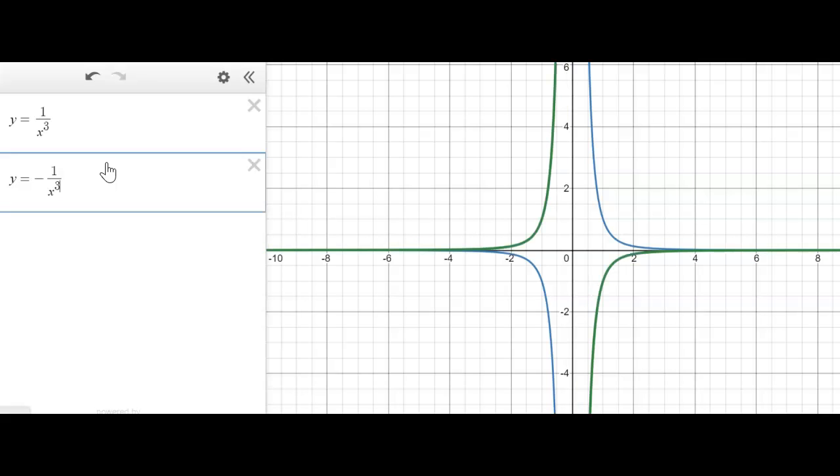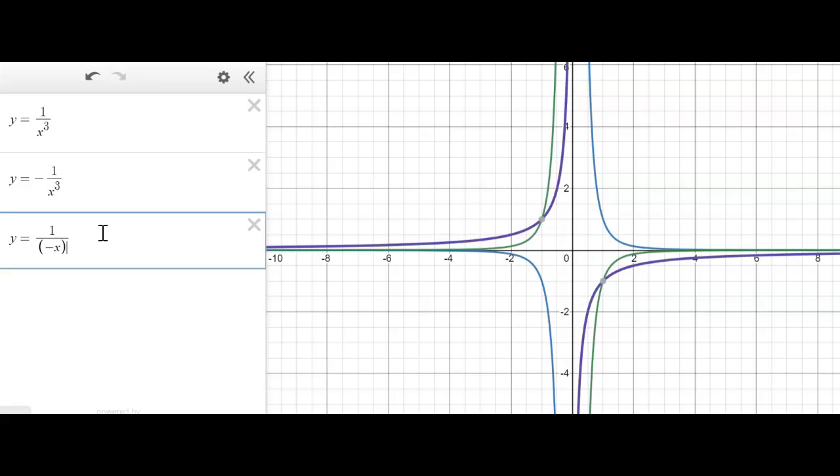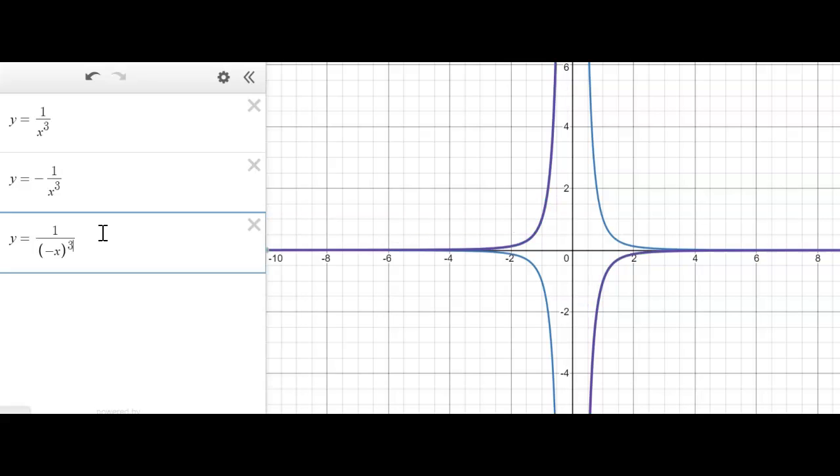Okay, so you can see you've had a reflection there along both the x and the y axes. All right, I can't remember which one we did first. What was it? The x-axis. And then y equals 1 over negative x to the power of 3. So you can see the green and the purple are the same thing. So when you've got an odd power, okay, the reflections are the same.